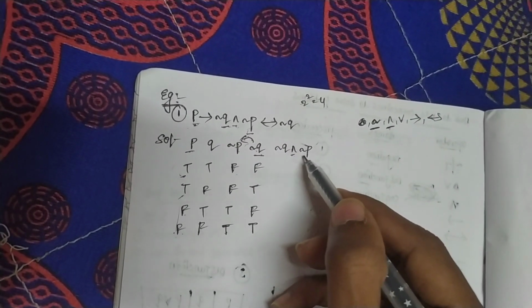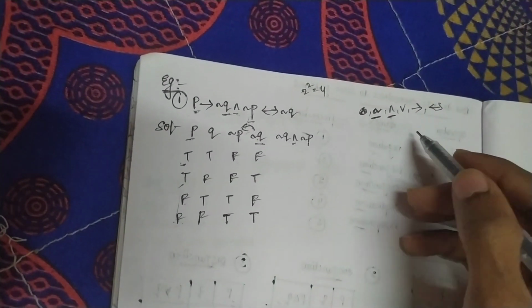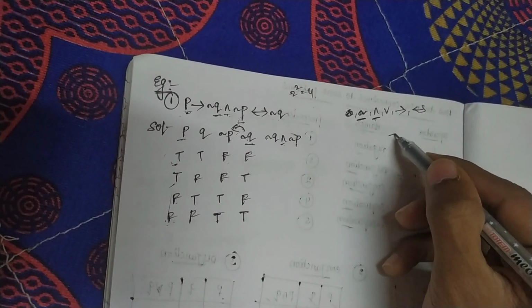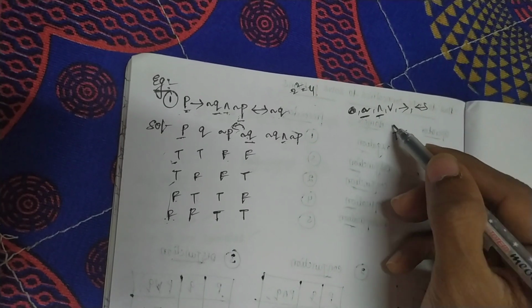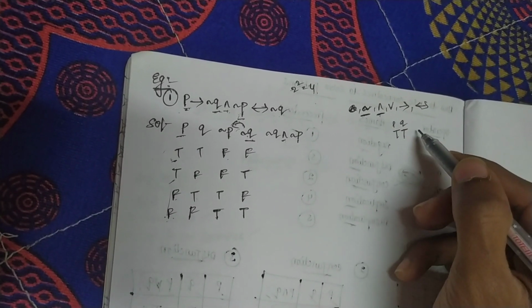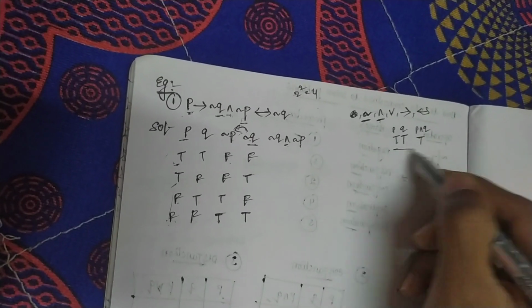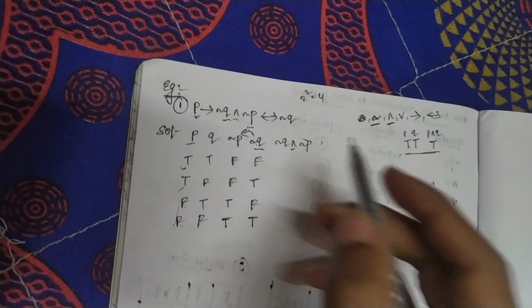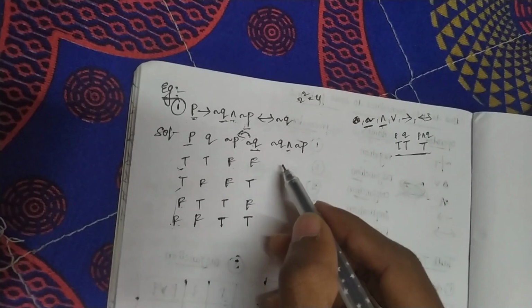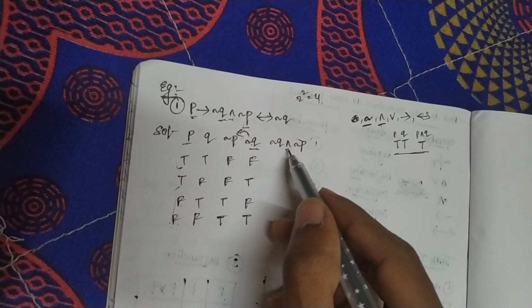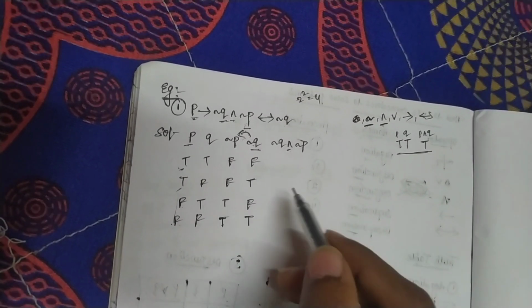In negation Q and negation P, in the AND case, what do we have? If both the P value and the Q value are true, then the whole P and Q statement is true. This is the main thing we have to remember. According to this, we write the truth table.